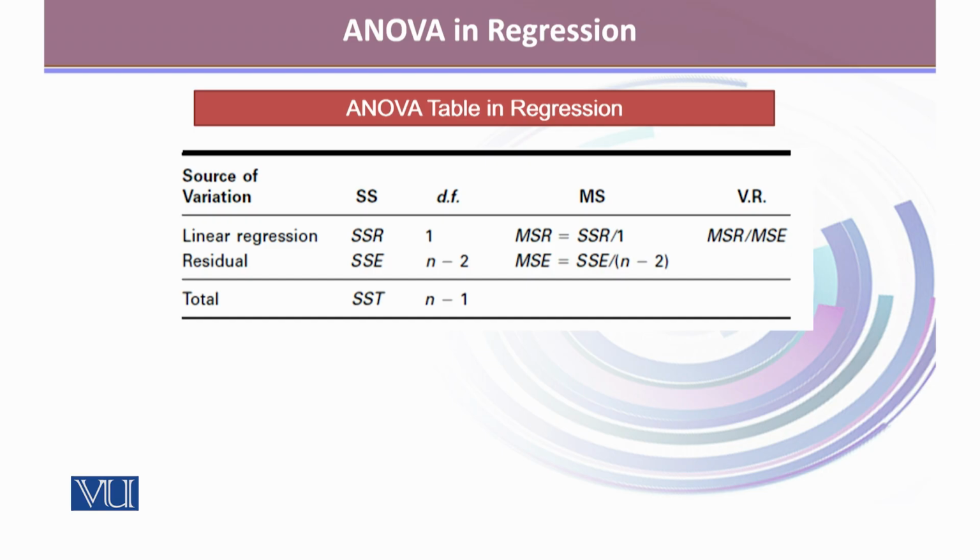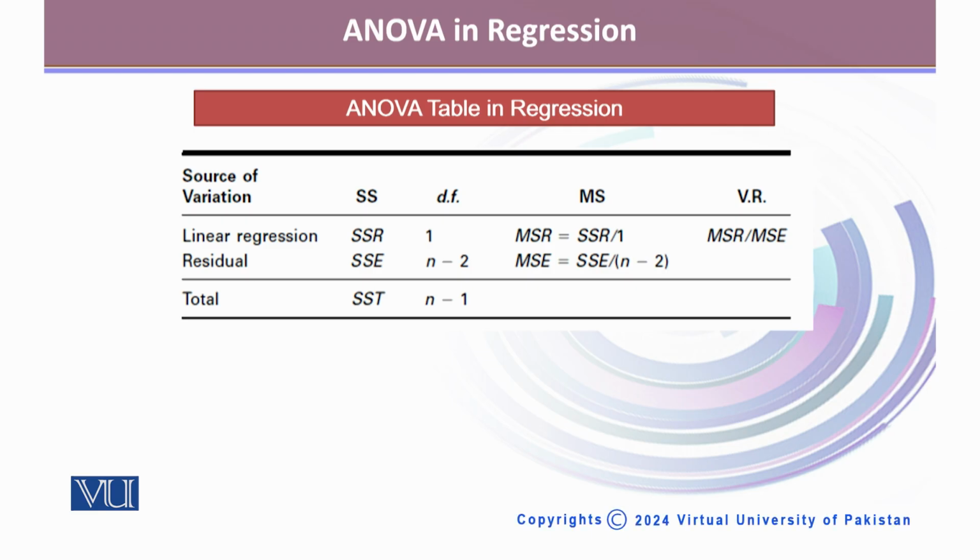Mean squares are obtained by dividing sums of squares by their degrees of freedom. So mean square regression is obtained by dividing the sum of squares of regression by 1, where 1 is the degrees of freedom for regression, and mean square error is the sum of squares of error divided by its degrees of freedom, that is n-2. And lastly, we get the variance ratio.